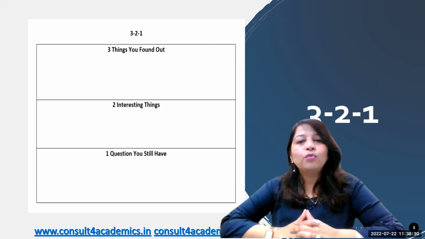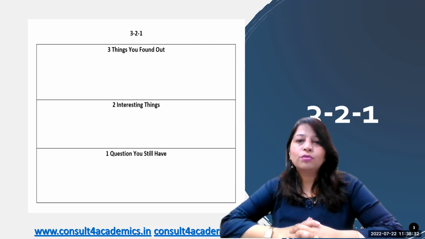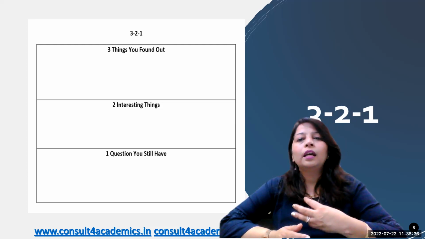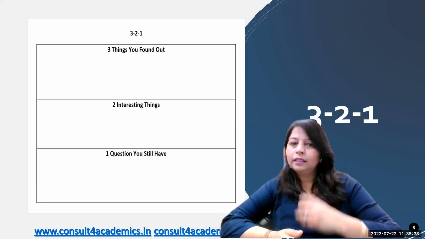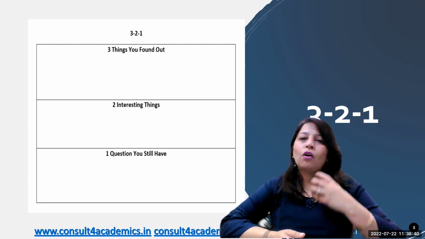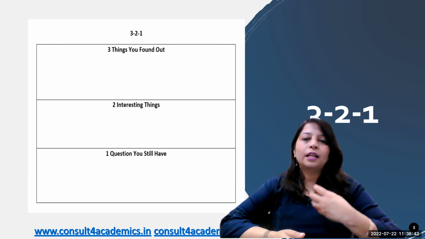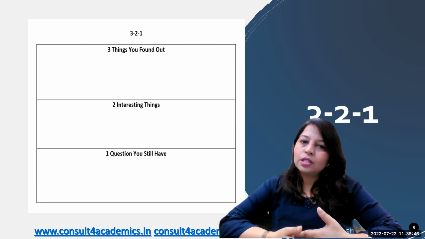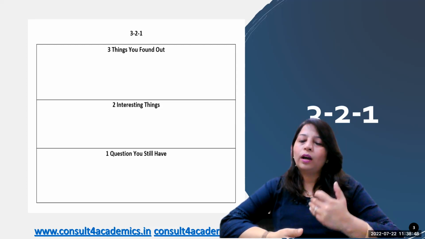Likewise, you will be able to ask your students, maybe in today's discussion, what 3 things you have learned, they'll be able to mention, and 2 of the concepts that you found really interesting, and 1 question you still have, or maybe here you can tweak the 1 question.